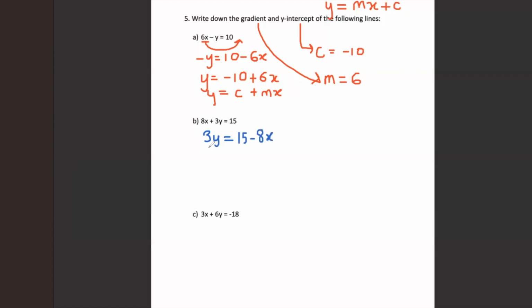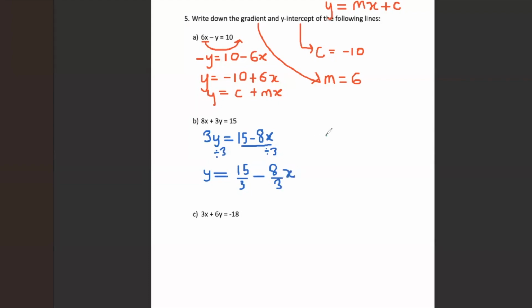Now this is not a y yet. This is a 3y. So the 3 is multiplied. If we move the 3 to the right-hand side, we should divide it, right? So we divide everything on the right-hand side by the 3. So it becomes y equals 15 divided by 3 minus 8 divided by 3x.